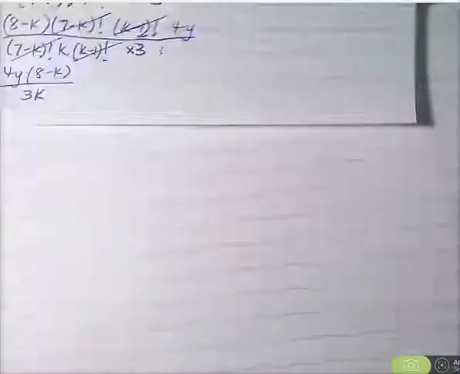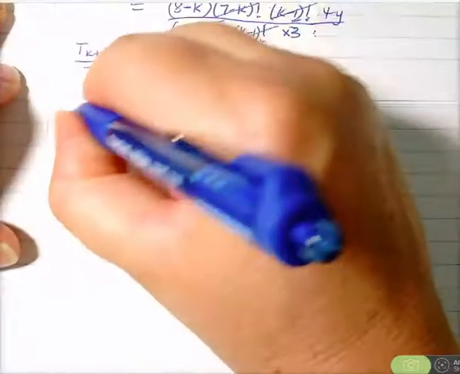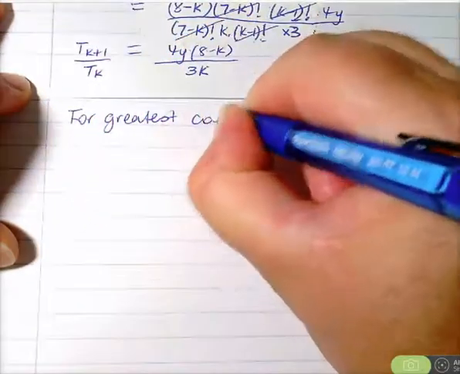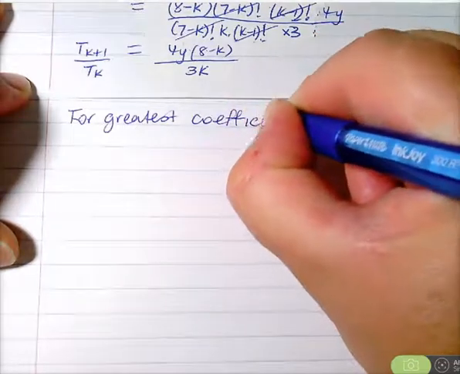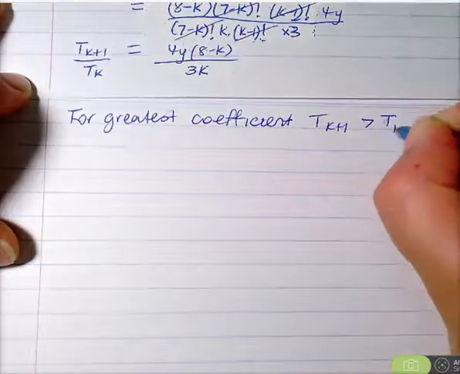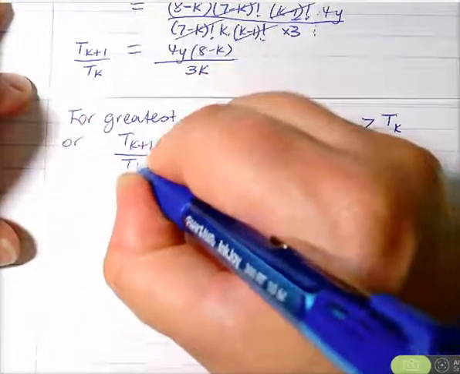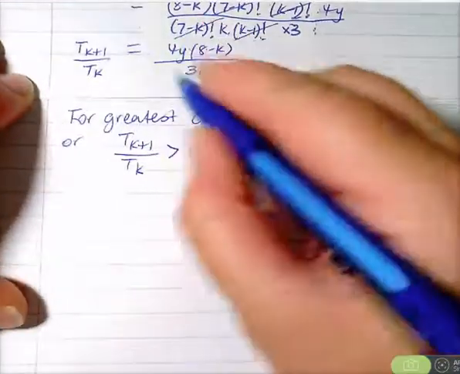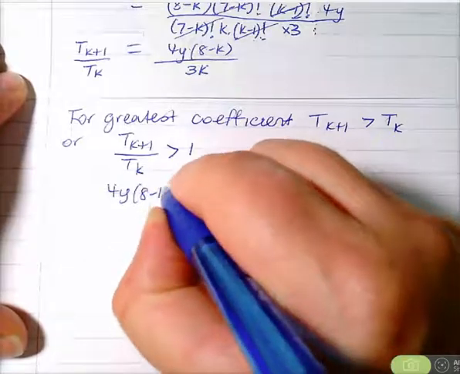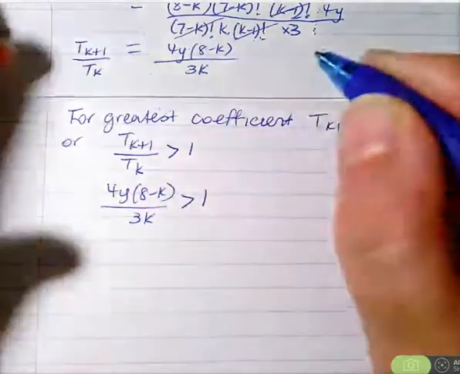Now we can say the following. For the greatest coefficient we know that t to the k plus 1 is greater than t to the k, or we can say t to the k plus 1 over t to the k is greater than 1. So we just take this expression that we've got, which is 4y bracket 8 minus k over 3k is greater than 1.